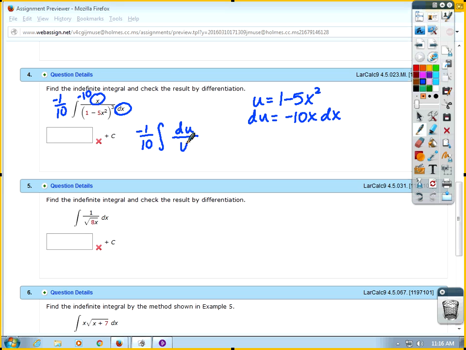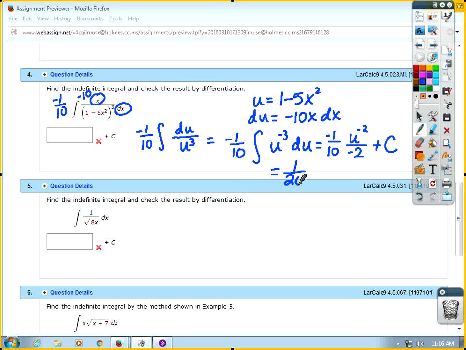We want to bring that up to the numerator. So let's make that negative 1/10 integral of u to the negative 3 du. So we add 1. That would be u to the negative 2 divided by negative 2. That's going to simplify to 1 over 20 u to the negative 2, and my u was 1 minus 5x squared.